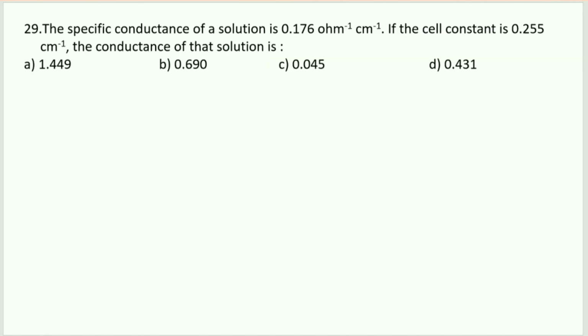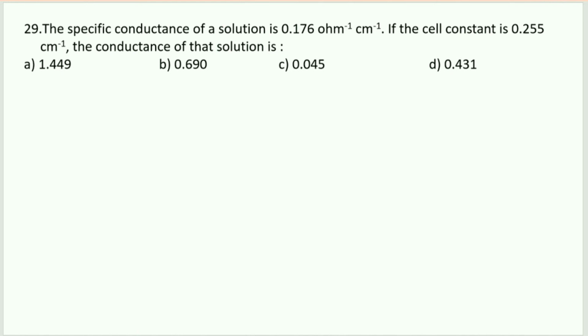29. The specific conductance of a solution is 0.176 per ohm per centimeter. If the cell constant is 0.255, the conductance of that solution is to be found. Specific conductance and cell constant are given.